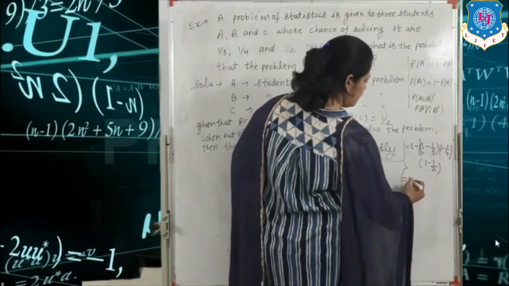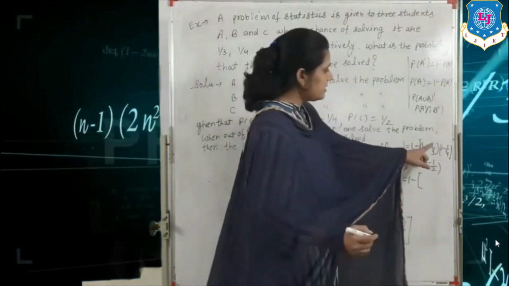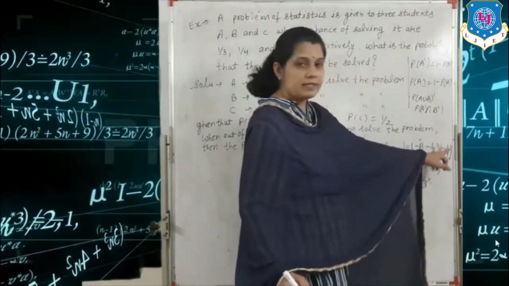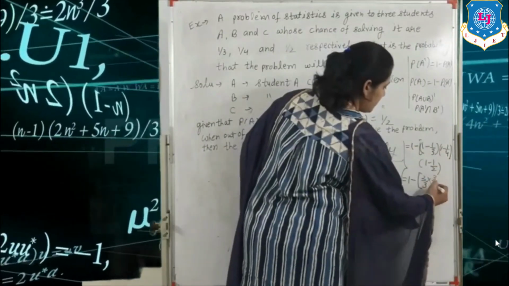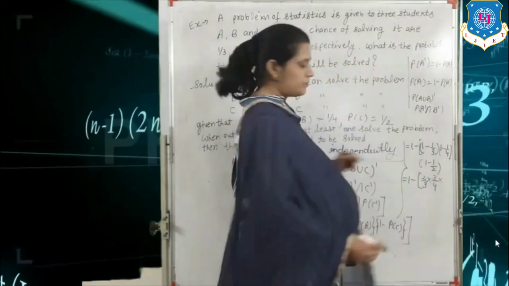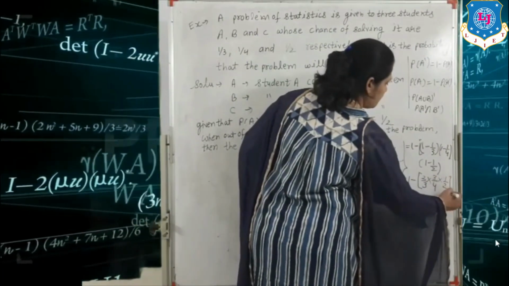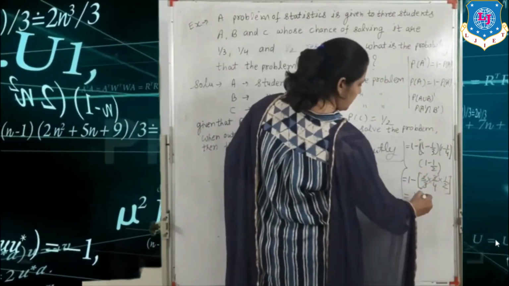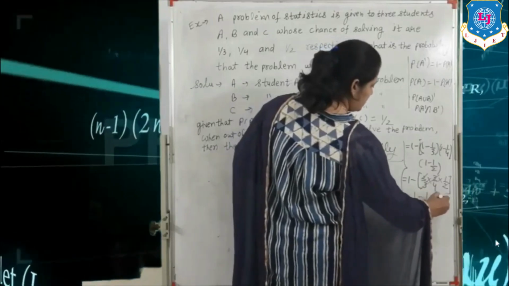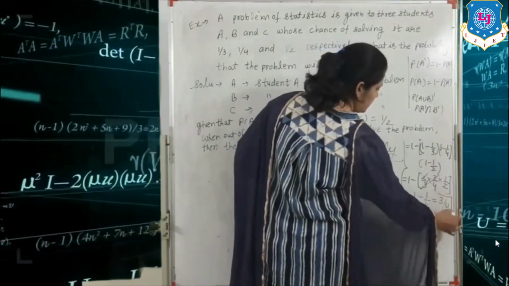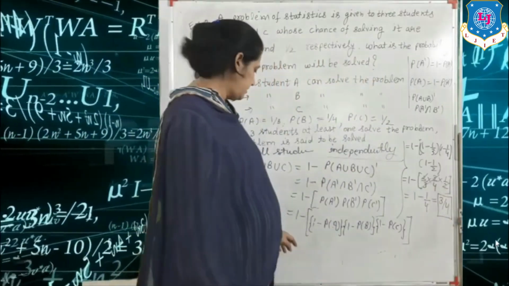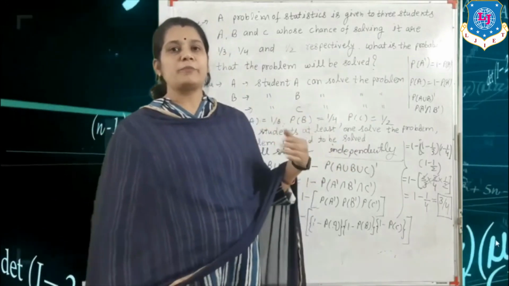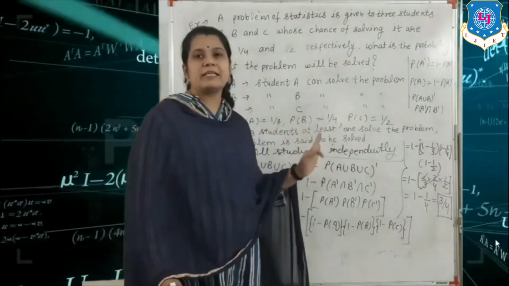Here 1 minus 1 by 3 means 2 by 3, into 1 minus 1 by 4, that means 3 by 4, into 1 minus 1 by 2, that means 1 by 2. Solving this, the 2s cancel, so 1 minus 1 by 4 means 3 by 4. This is your final answer: the problem can be solved by student A or B or C. So the value is 3 by 4.